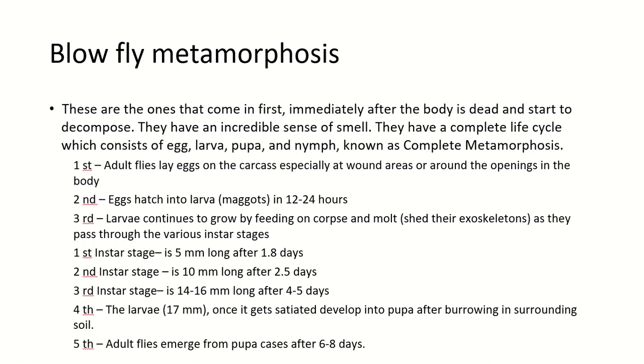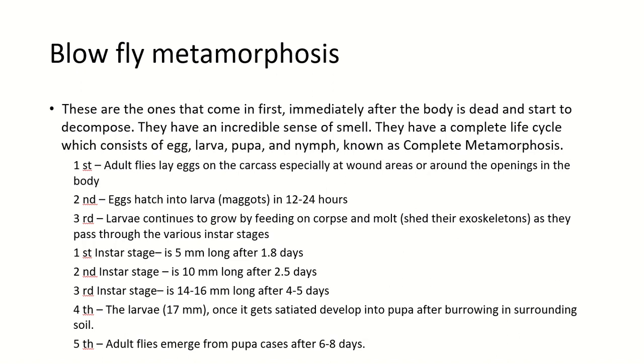First instar stage is 5 mm long and it will be observed after 1.8 days. Second instar stage is 10 millimeter long and it will be observed after 2.5 days. The third instar stage is 14 to 16 millimeter long and it is observed after 4 to 5 days.